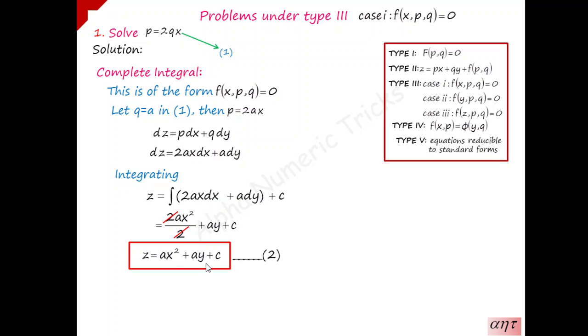Now using this complete integral we have to find the singular integral. So this complete integral is z is equal to ax squared plus ay plus c. What is the working rule for finding the singular integral? This is similar for all types of problems. Only the working rule for complete integral is different.